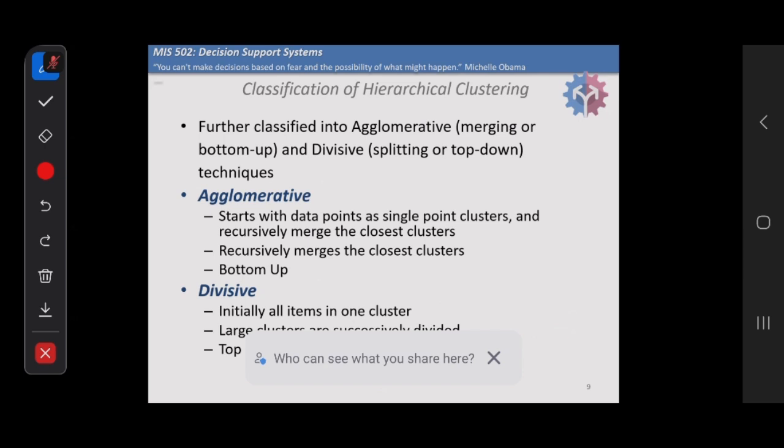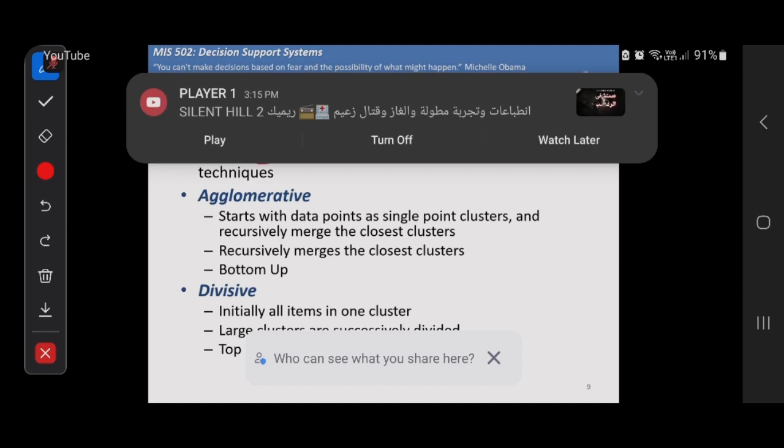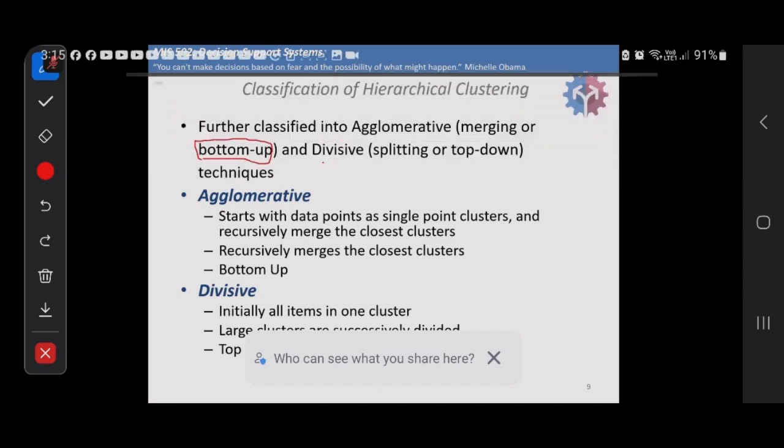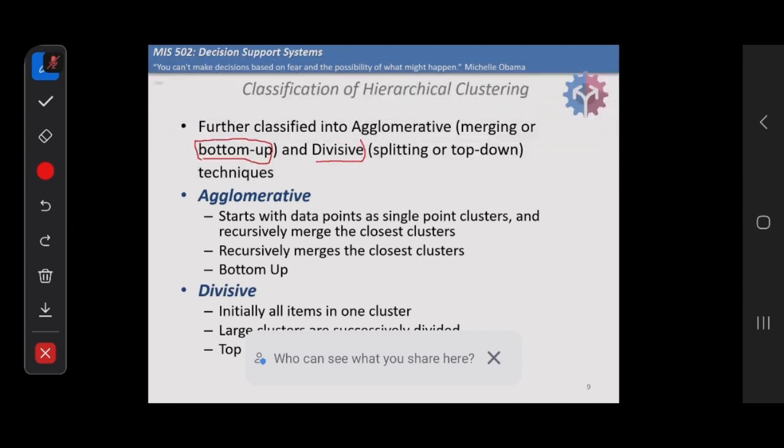So we can use two different methods. Number one is called the agglomerative approach, which is also called the bottom-up approach. Agglomerative is also called bottom-up approach. And then we have something called divisive, which is from the word division. Divide, you divide.